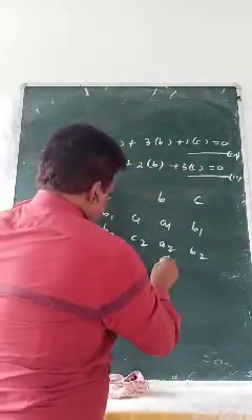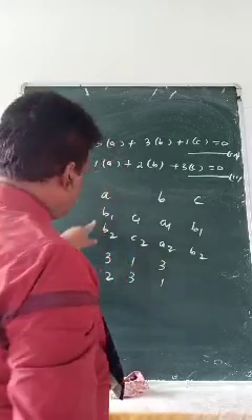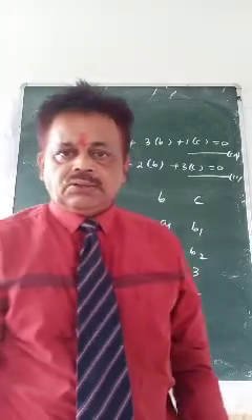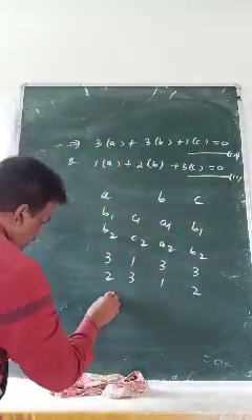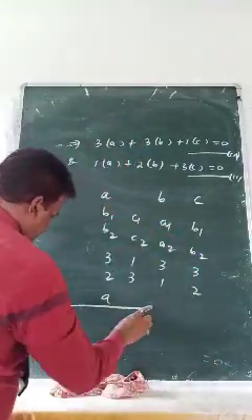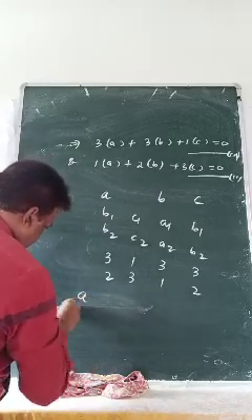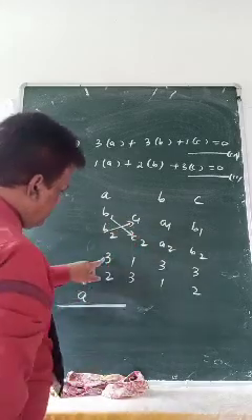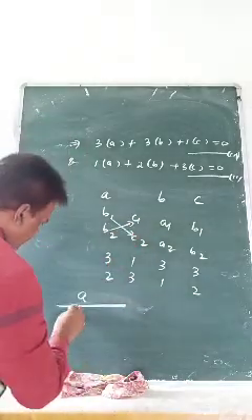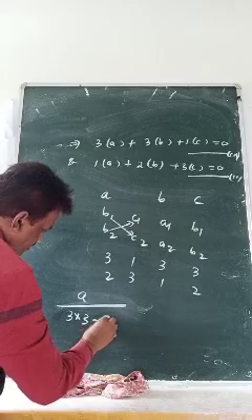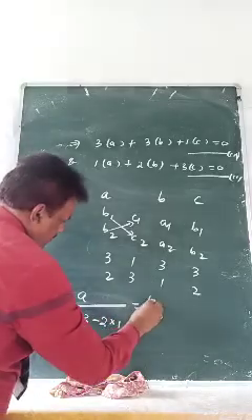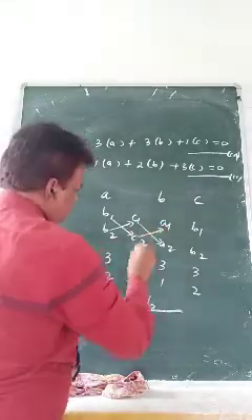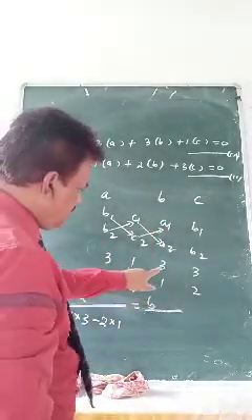A1, A2 are 3, 1. You put the values now. A divided by product of this minus this: 3 into 3 minus 2 into 1. B by product of this minus this: 1 into 1 minus 3 into 3.